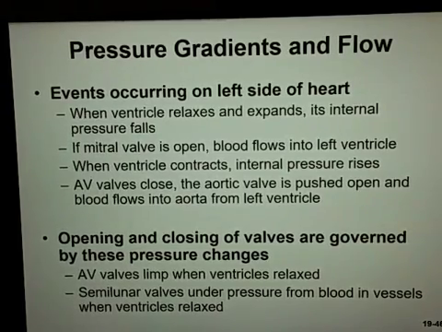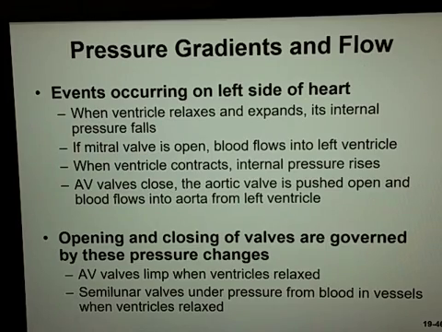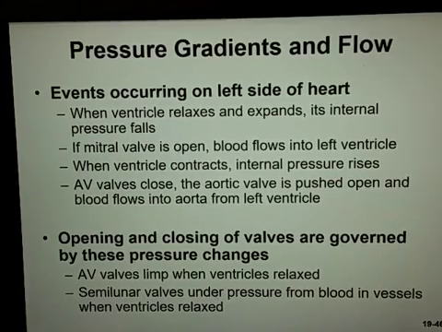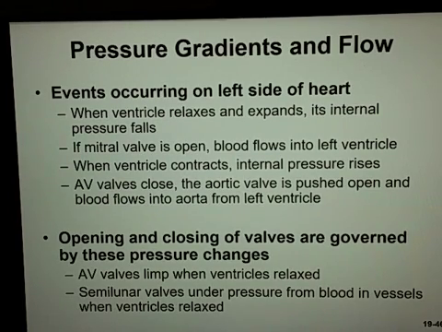Now, when the ventricle relaxes, it will expand. When that takes place, the pressure in that ventricle drops. If the pressure drops, the mitral valve can open, and that's going to allow blood to flow into that left ventricle. As that ventricle fills up with blood, that is going to affect the pressure.